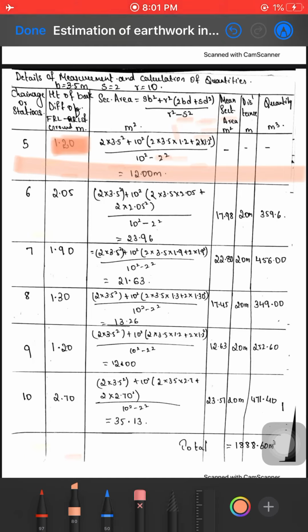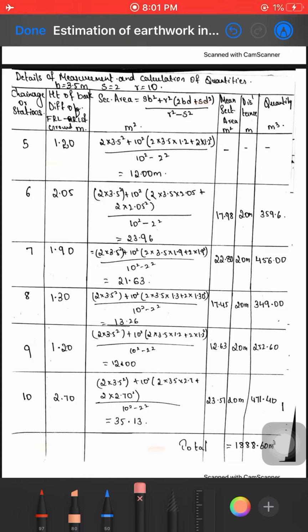By substituting all the values, you get 12 meter square as the cross sectional area. Similarly you will be calculating for all the chainages. For example, at the sixth chainage, D is 2.05, so wherever there is D, you will substitute 2.05.